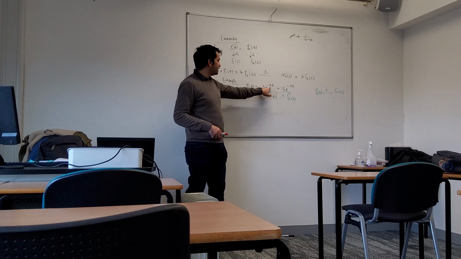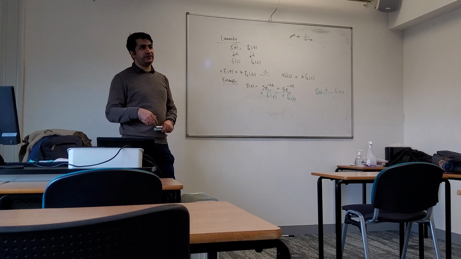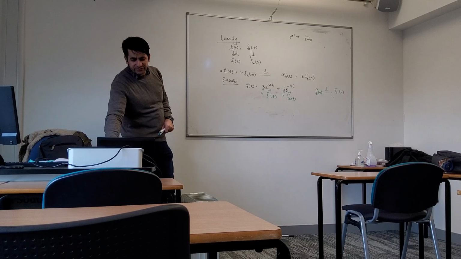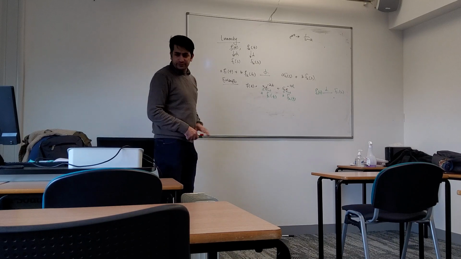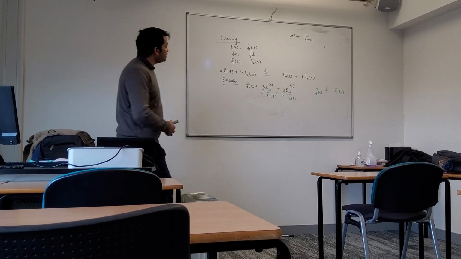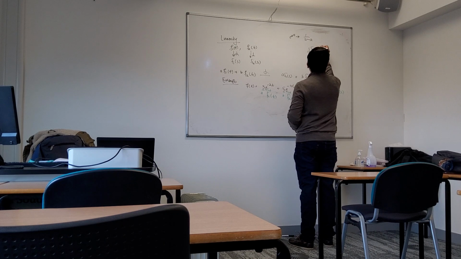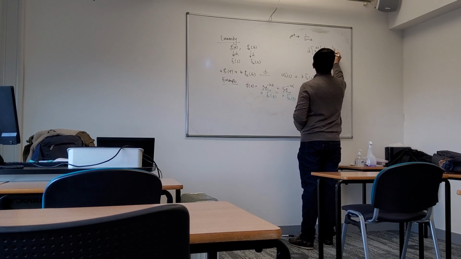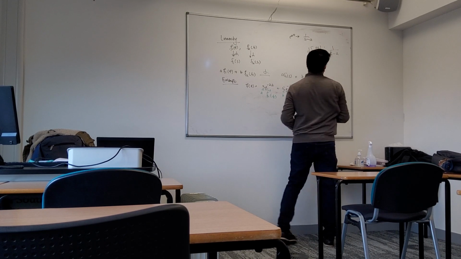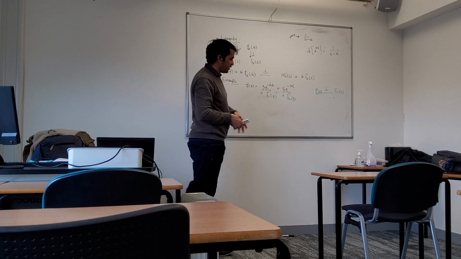We already proved this in the previous steps: if you have an exponential function, the Laplace transform of the exponential function is 1 divided by s minus a. So from this we directly know the Laplace transform for f1 of t.